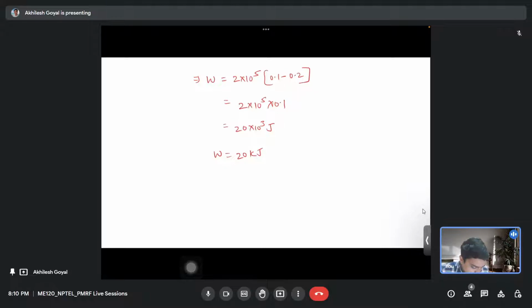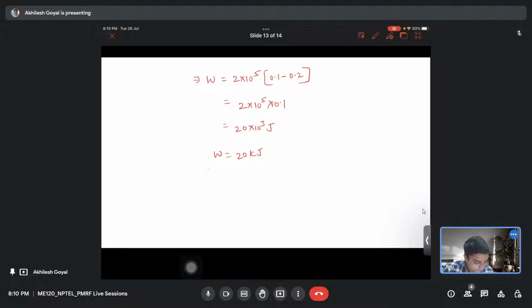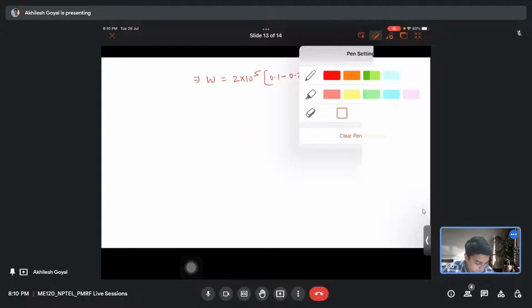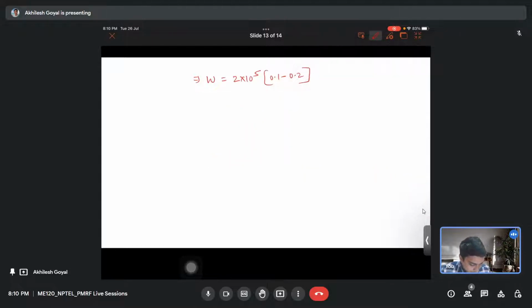This is minus, okay, one minute. So it is 2 into 10 raised to power 5 into minus 0.1. So it is minus 20 into 10 raised to power 3 joule. It is minus 20 kilojoule.